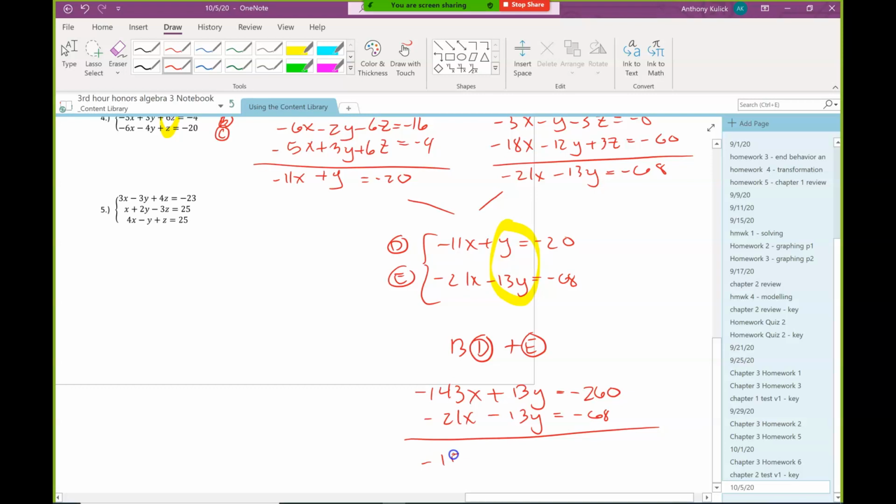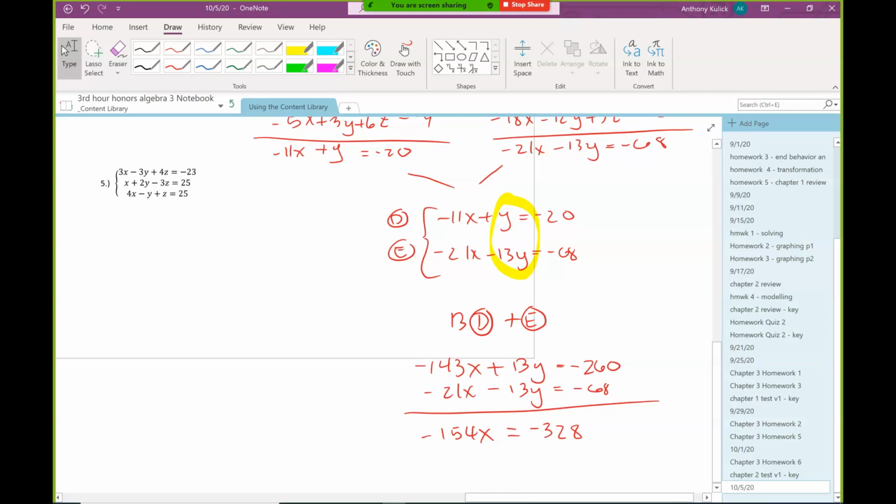So that's negative 154x. The y's canceled out. And then negative 328 there. Oops. That's 164. Excuse me. Arithmetic is hard sometimes, you know.